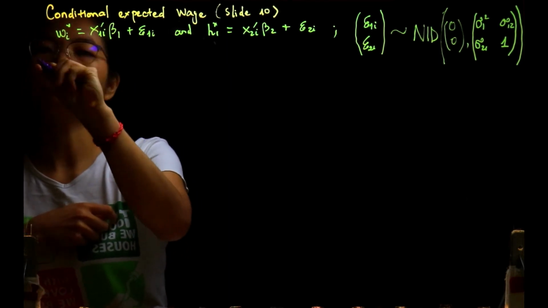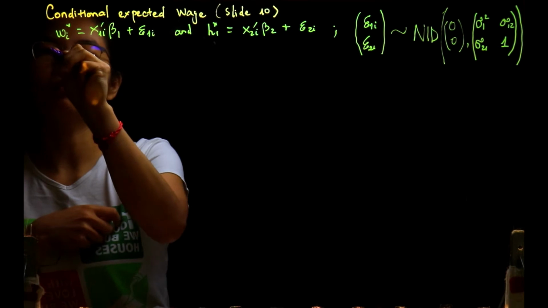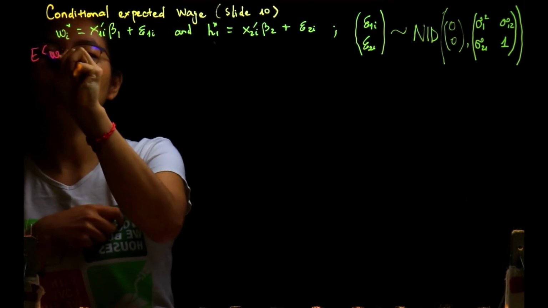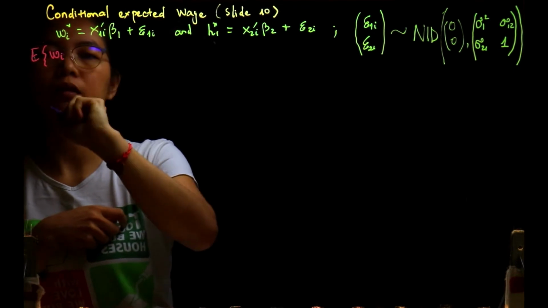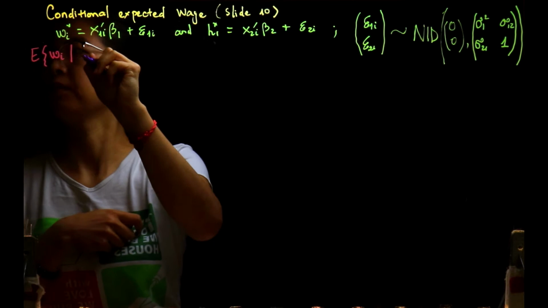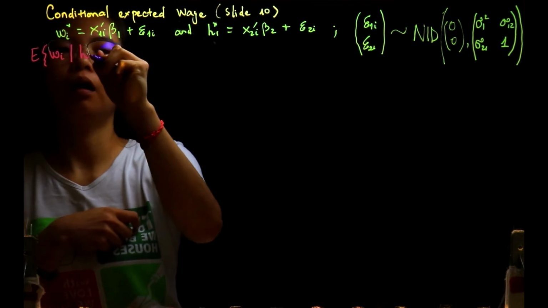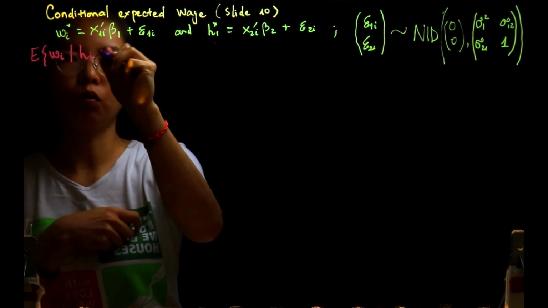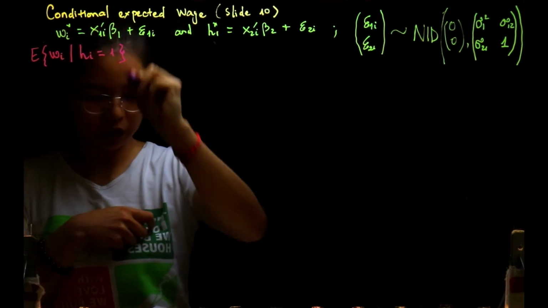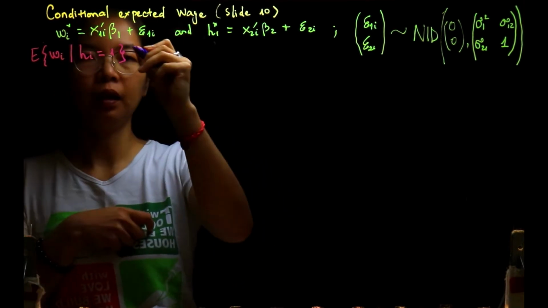But first, let's write down the notation of the conditional expectation of wage, Wi, conditional on what? On having the person working. So Hi equal 1. That is what we are interested in.